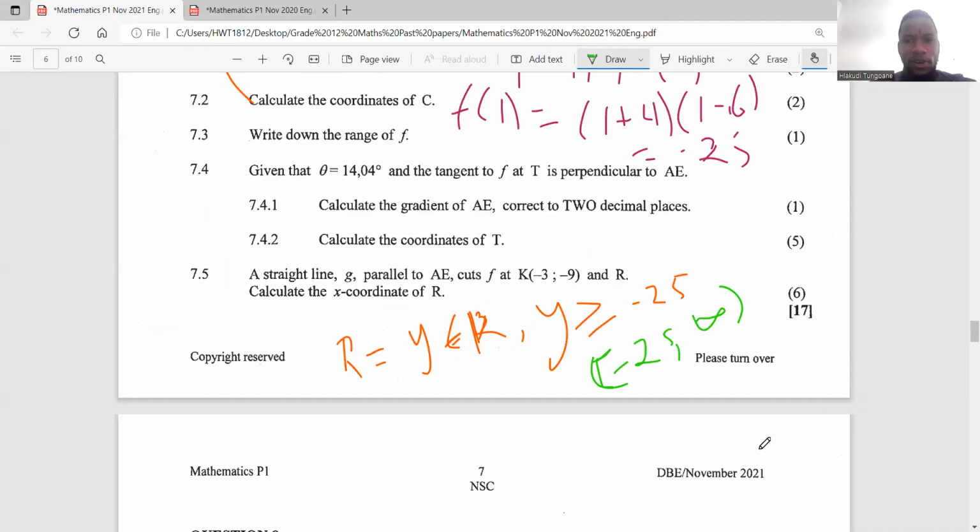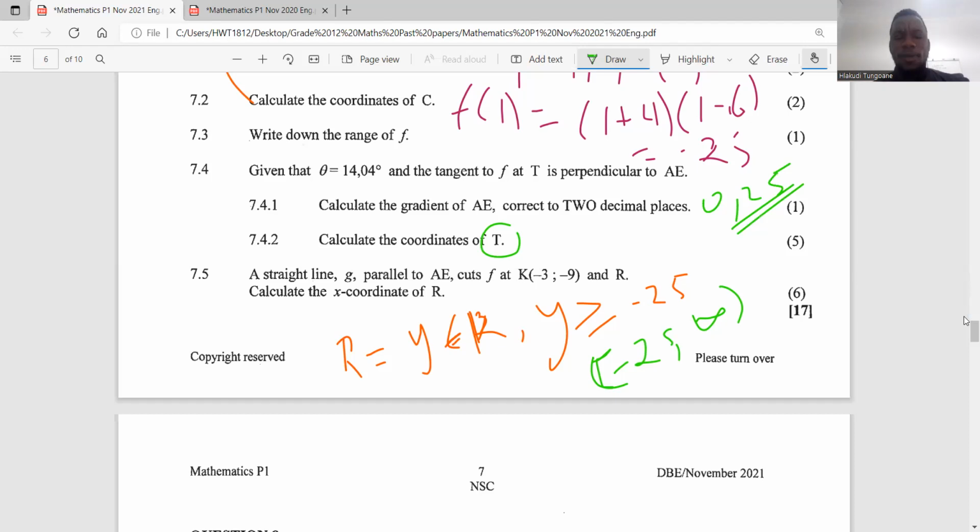So we've already answered this one. This is 0.25, right? This we've covered. Then the second, calculate the coordinates of point T. Remember what we said in the previous question: at the point where the tangent and the graph meet, the gradient for those two is the same, and two, they share the same point.